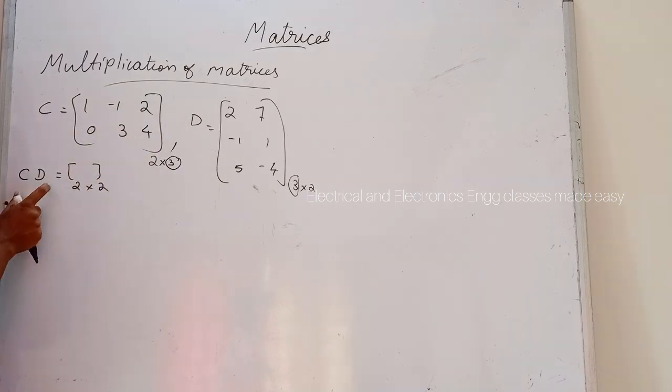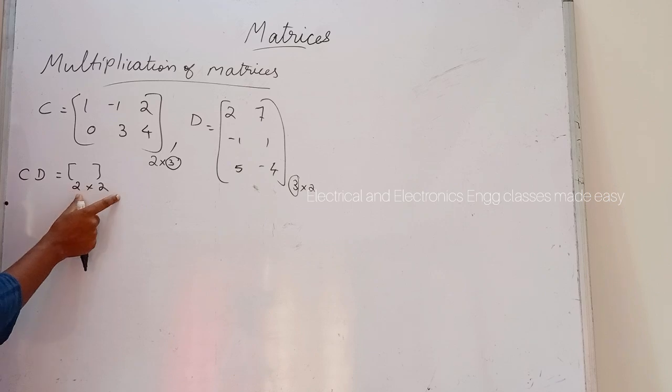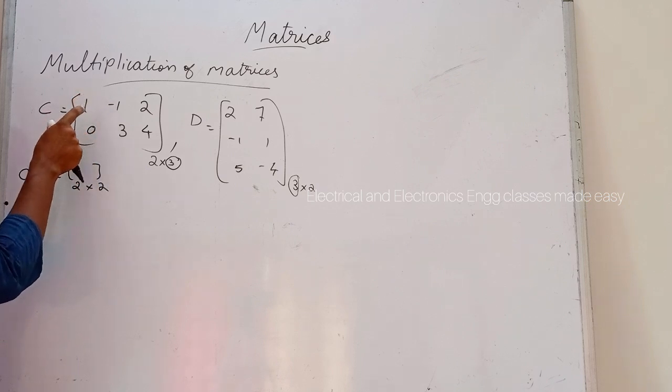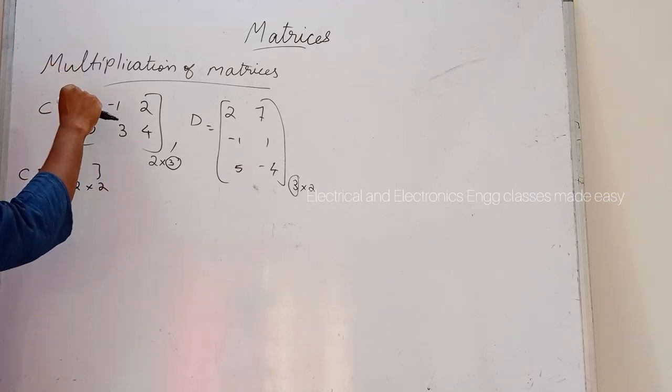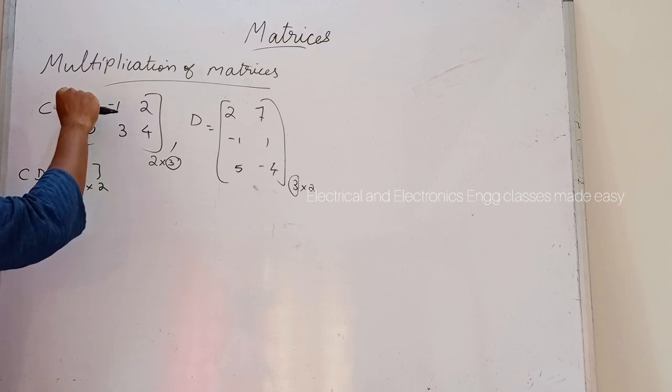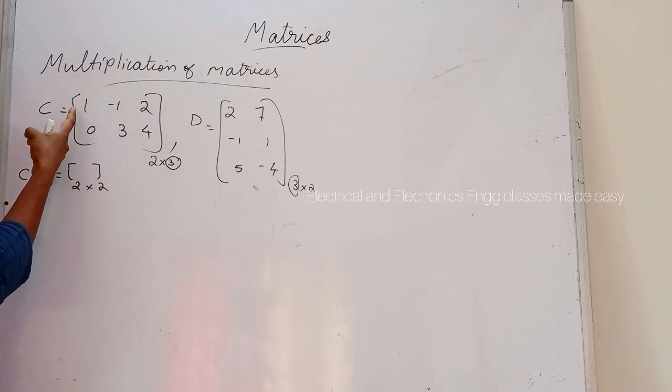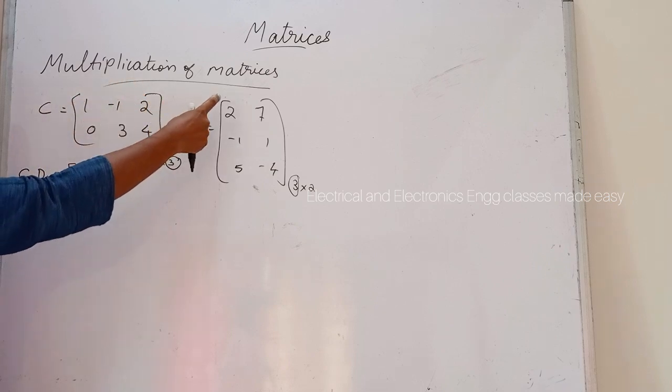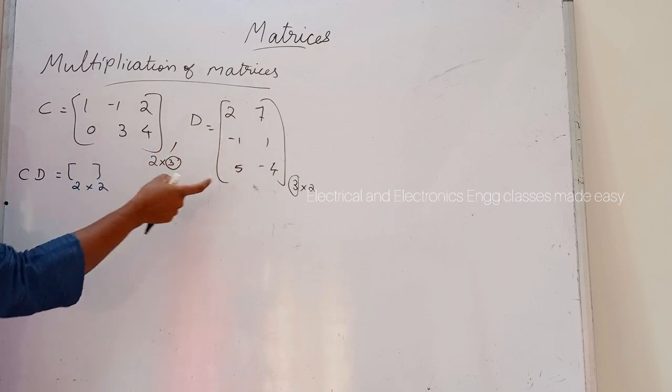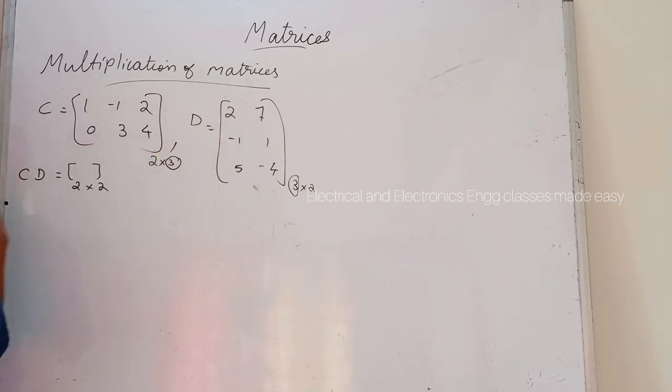So here the product CD is a 2 by 2 matrix, and to find the elements of this 2 by 2 matrix we add the products of corresponding elements of rows and columns of the first and second matrices.